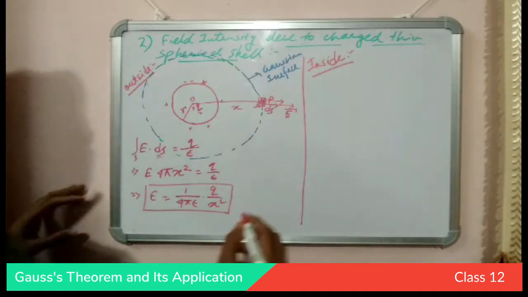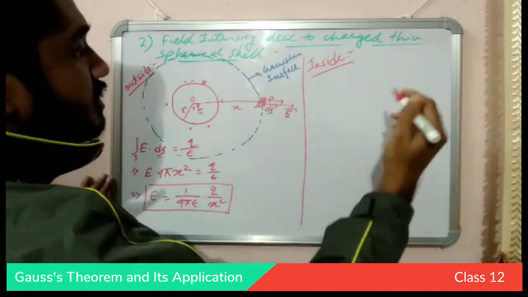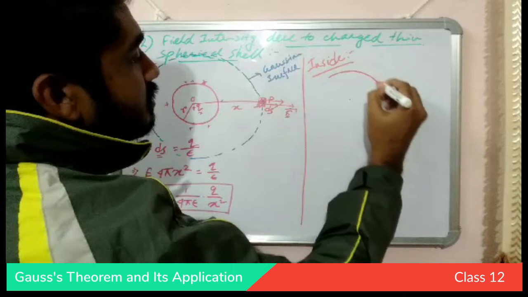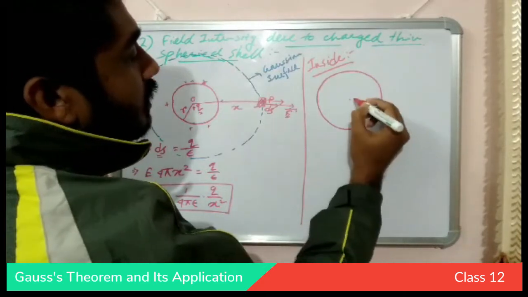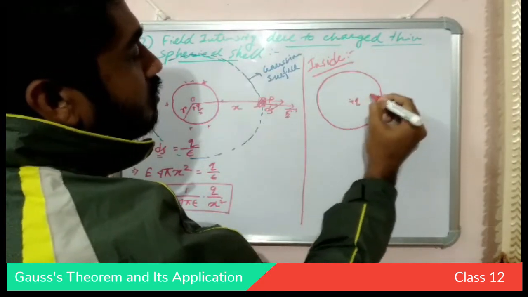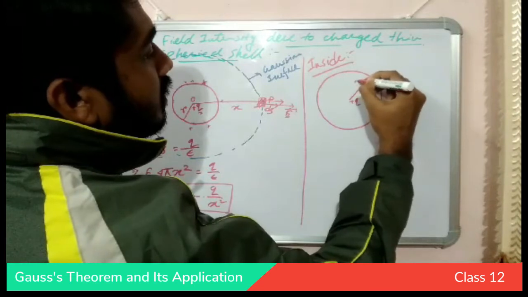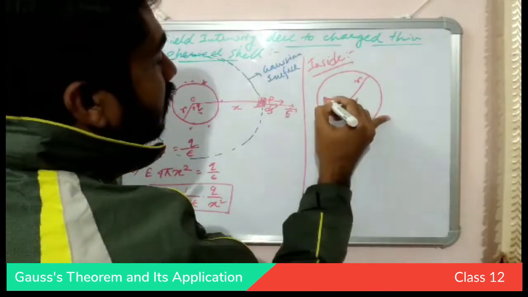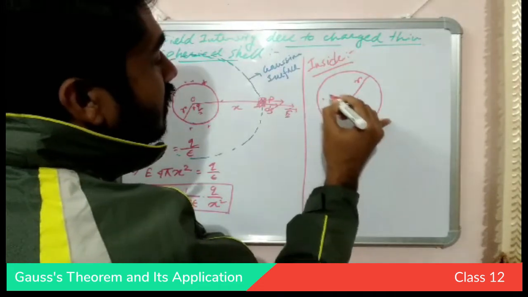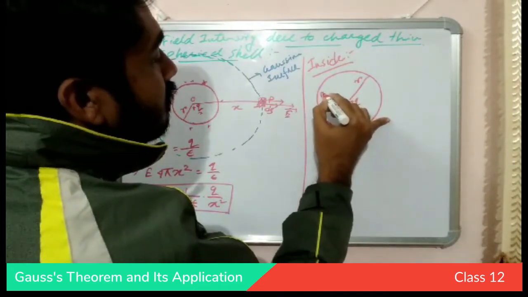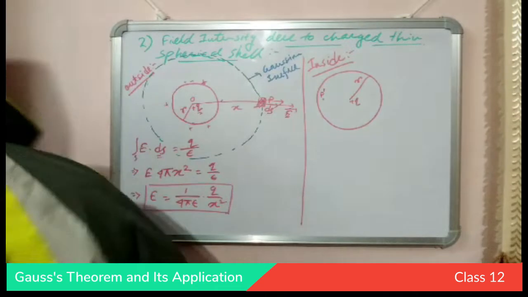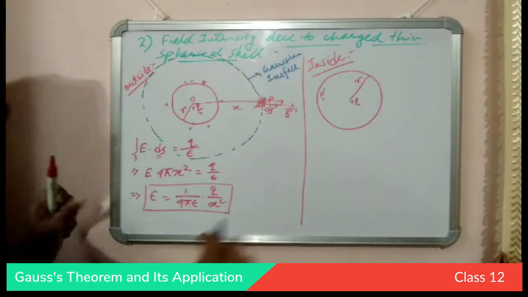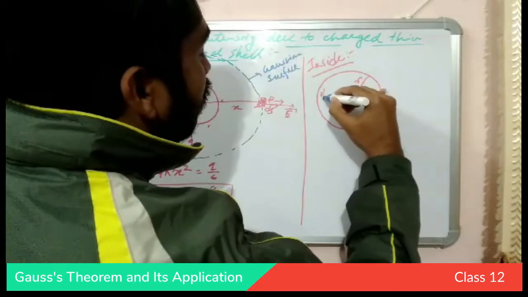And now for this case, suppose this is our sphere, it is charged with charge q, this is the radius r. Now inside we have to calculate the field at a point, suppose this is P prime. So the main funda is to assume the Gaussian surface.